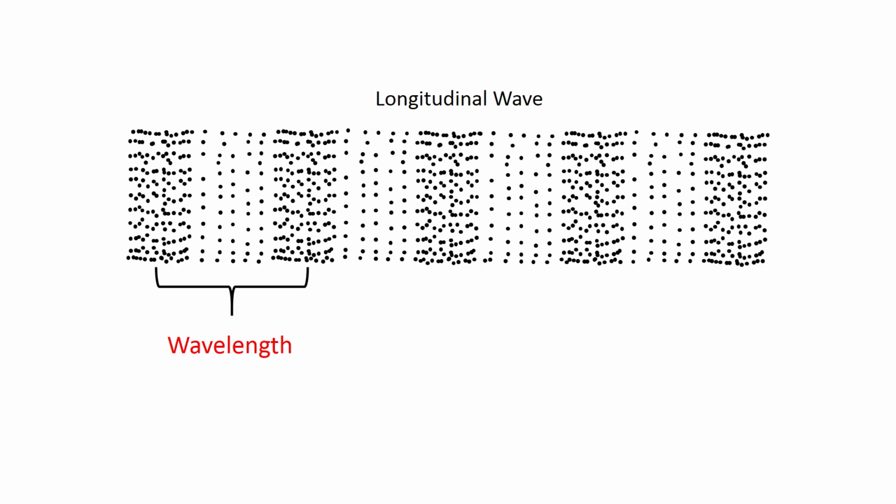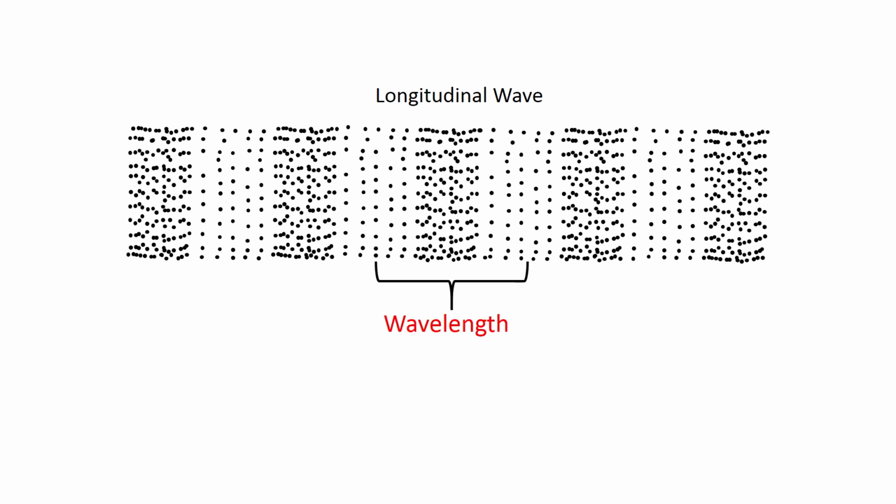Now, coming to a longitudinal wave, wavelength is the distance between the midpoint of a compression to the midpoint of the next compression. Or, wavelength is the distance between midpoint of a rarefaction to the midpoint of the next rarefaction.